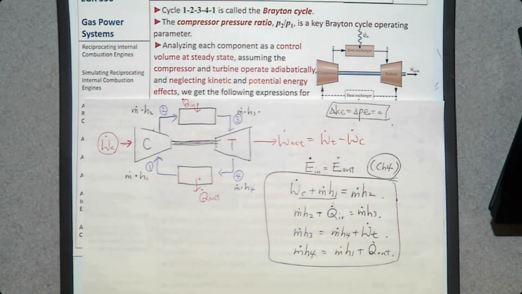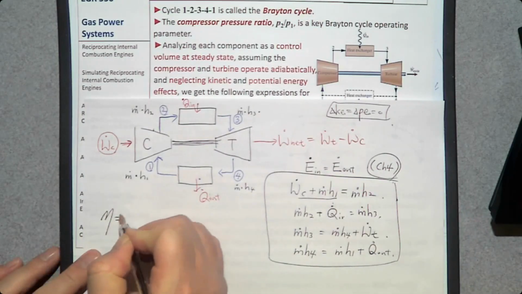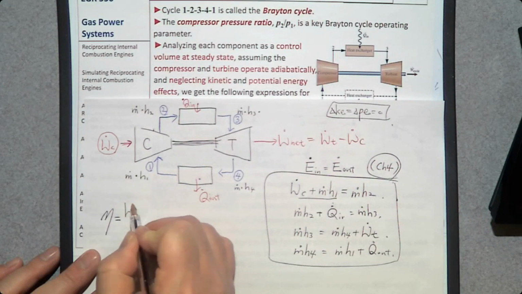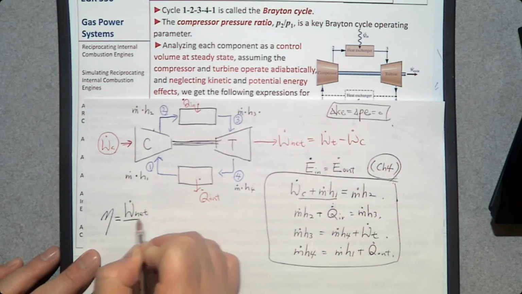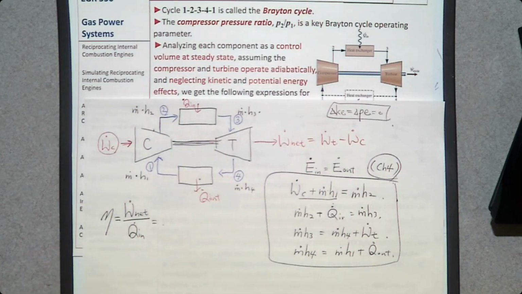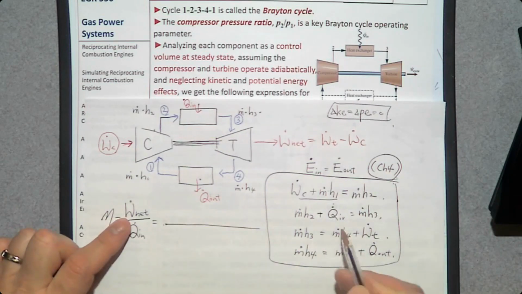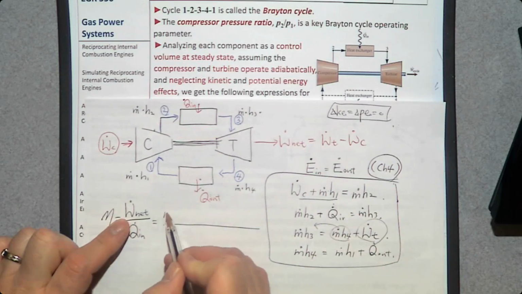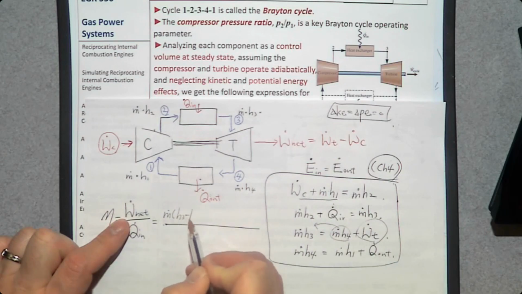And how can we determine the thermal efficiency? The thermal efficiency can be determined by desired output W dot net over required input Q dot in. So where is W dot net? W dot net is W dot T minus W dot C. W dot T is here. If you move this one to the left hand side, m dot (h3 minus h4).